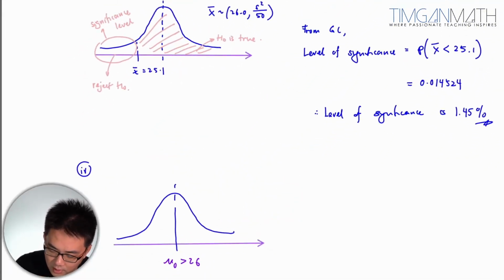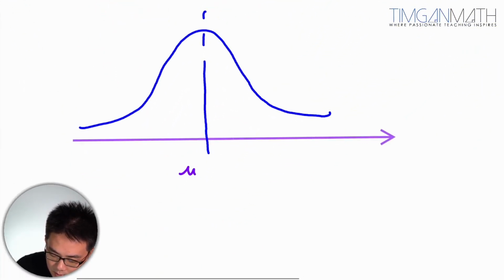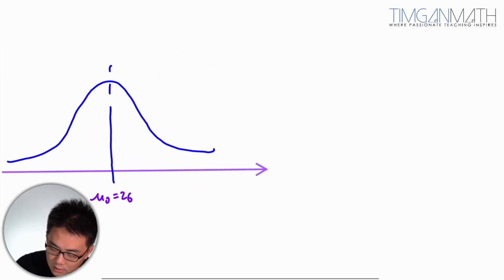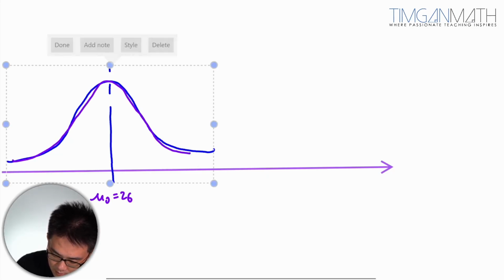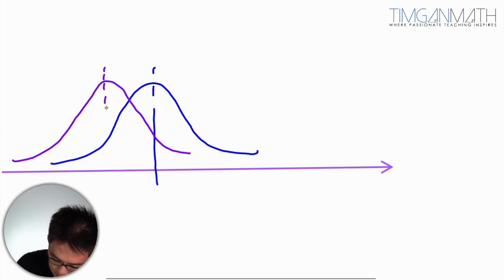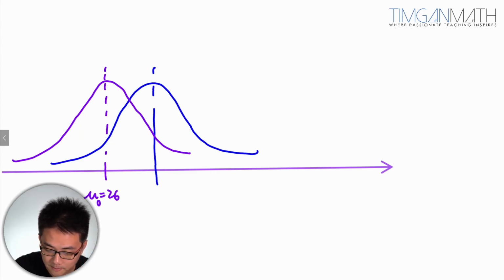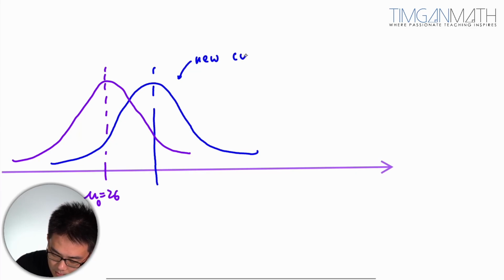But because you have the same, so this is mu naught equals 26, right? So you draw another one. This would be the same curve, but moved to the other side. This is a new normal curve, which is mu naught more than 26.